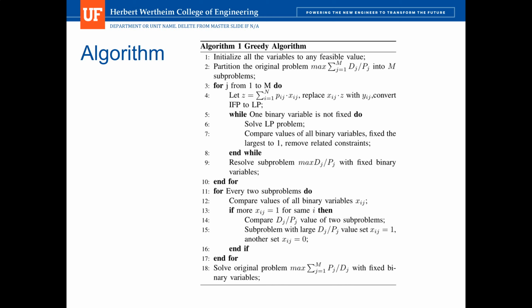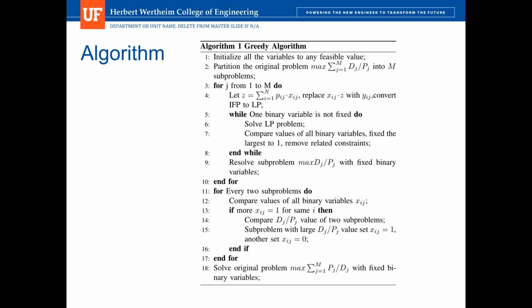And then if we find for the two sub-problems that more than one Xij equals 1 for the same i, it means that one user is grouped with multiple mobile things. So we need to decide which group the user belongs to.